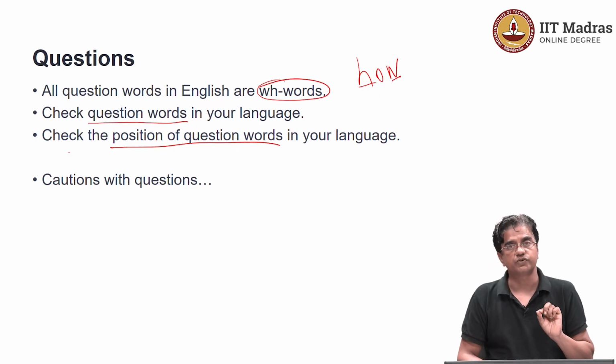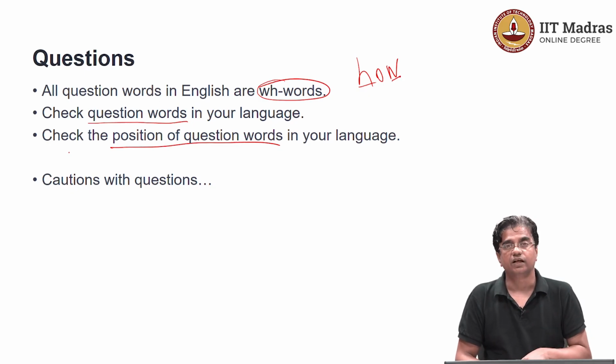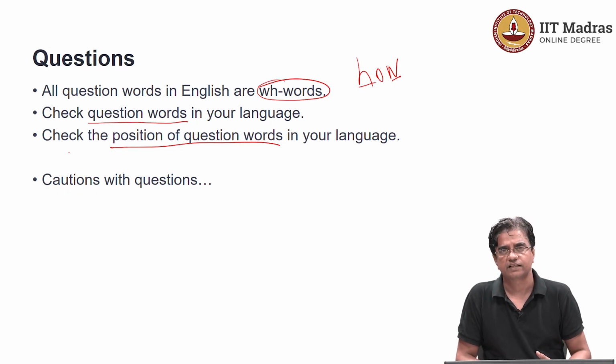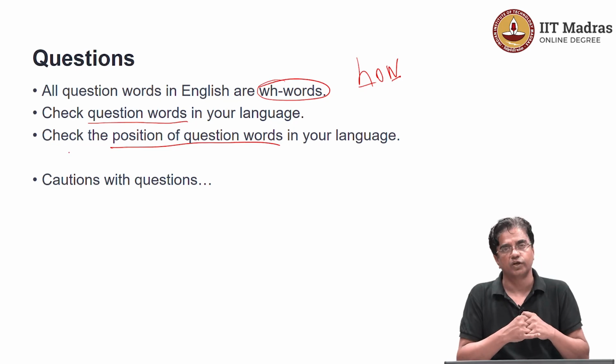At this point, I would like to draw your attention to another aspect of questions. As you see, these are also called interrogative sentences. For the purpose of appropriateness in our speaking, we want to make sure that we ask a question in a way that it doesn't sound like we are interrogating the person we are asking a question to. This is specific knowledge, a specific part of human cognition.